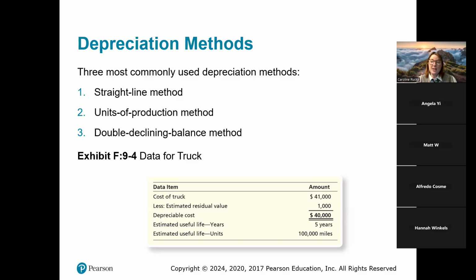I will tell you the most commonly used method of depreciation is the straight line method. Units of production is used for some manufacturing equipment, though they usually still use the straight line method. And then I'm going to be 100% accountant to accountants: double declining balance is something that they teach you in school that you will never see again, ever.